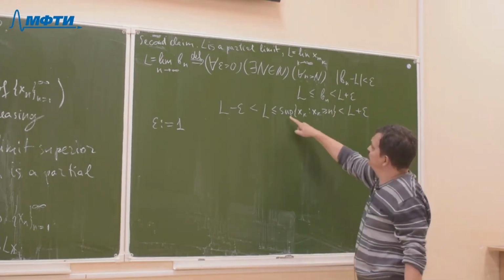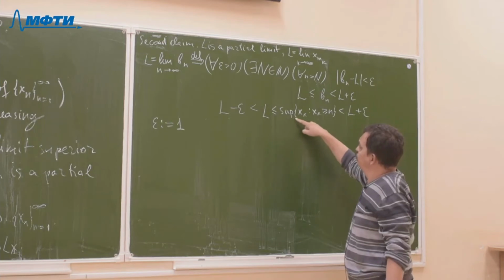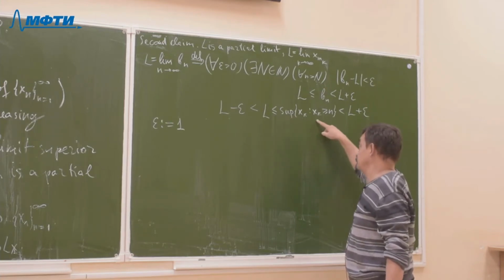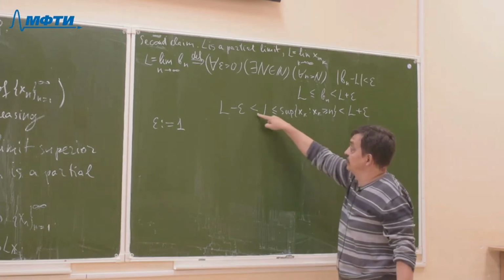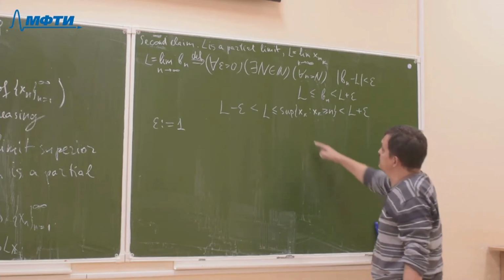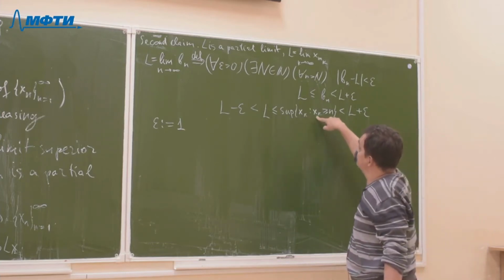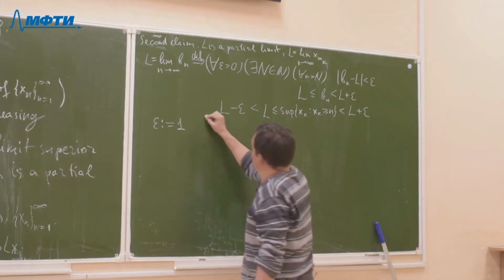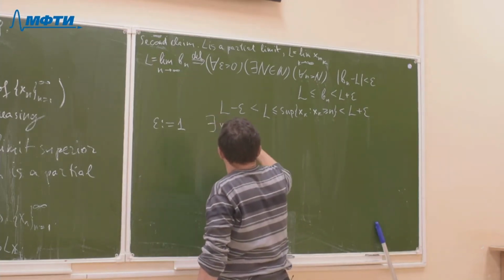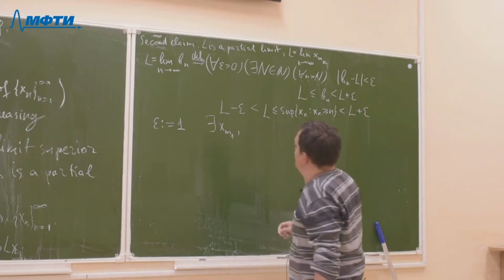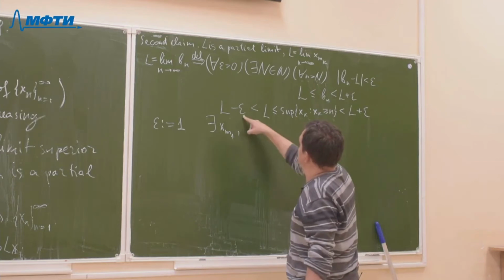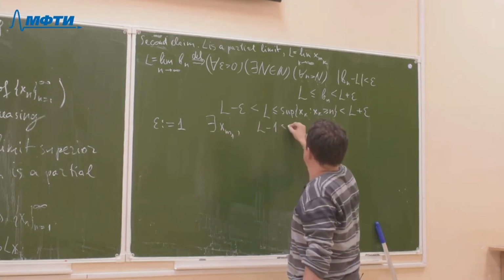And if the least upper bound of a certain set is greater than L minus 1, then there exists an element from this set, let us call it x_{m_1}, such that it satisfies the same inequality with epsilon equals 1.